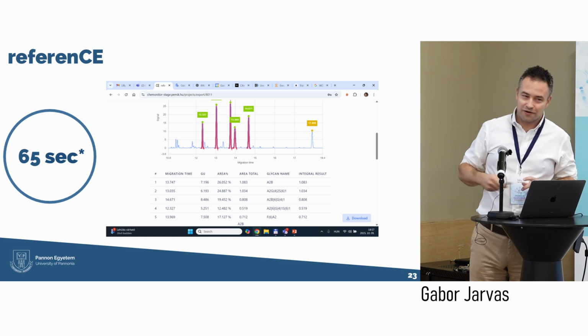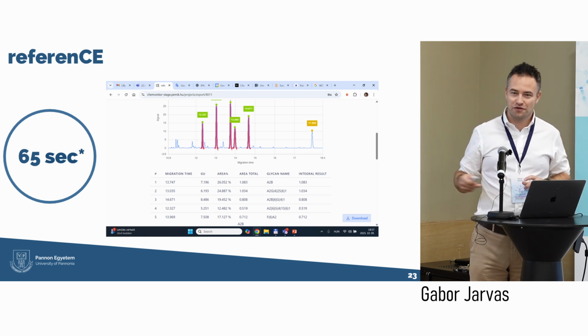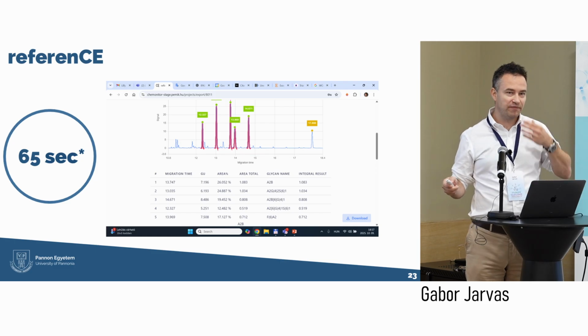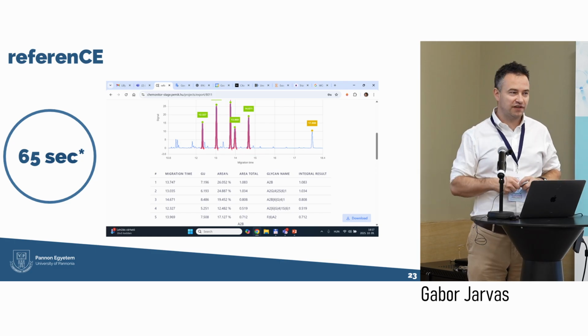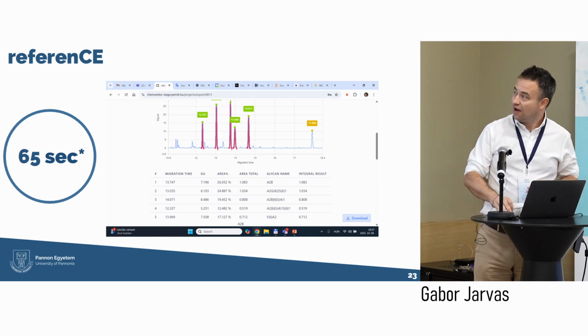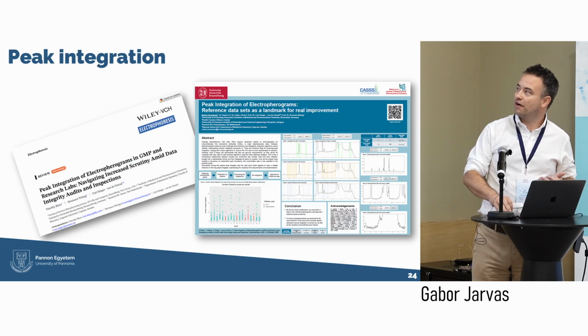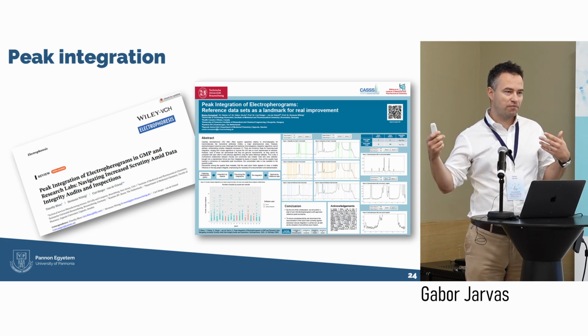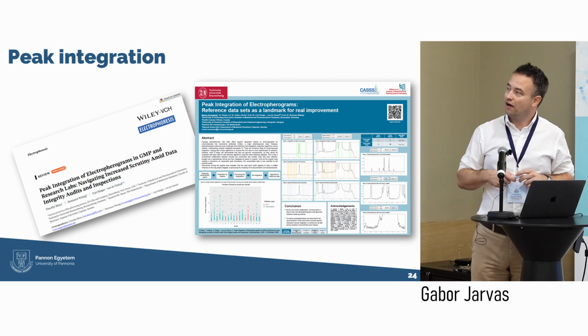And if you have an additional 5 seconds, then you will get the results in a table format that you can extract, and then you can use the data for further evaluation. So this is what we achieved so far, and a few thoughts about why the peak integration is carried out in an automated way in our approach.